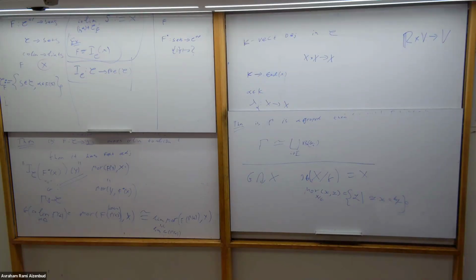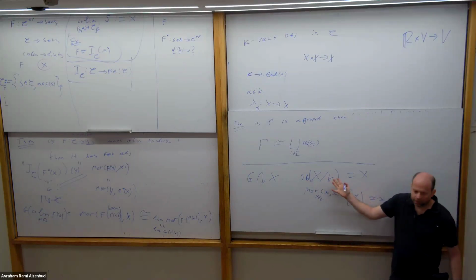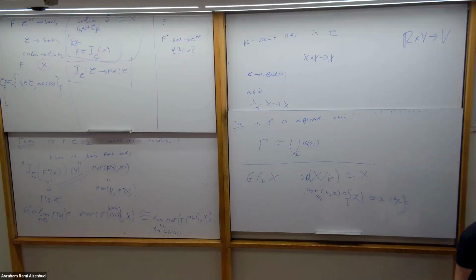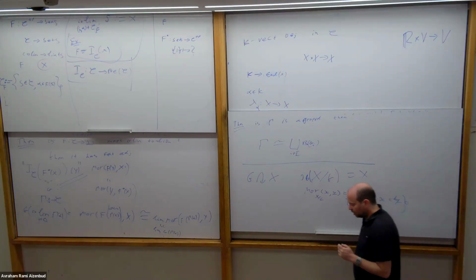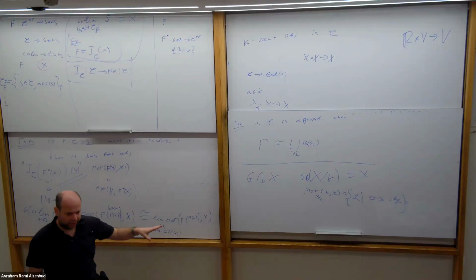And this is a very nice point of view. One thing it gives you is this: often you study some question where you have a space X and a group G acts on it. This is a very common topic in mathematics. You think that you care about the group G and the space X, but often you don't really care about them.